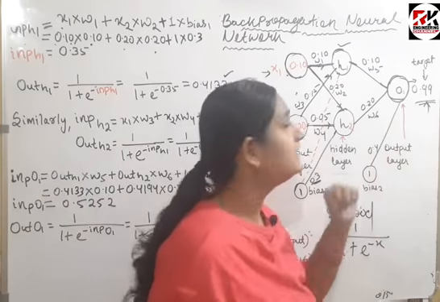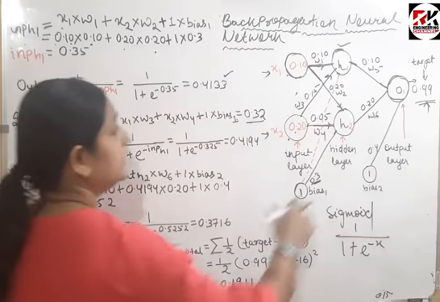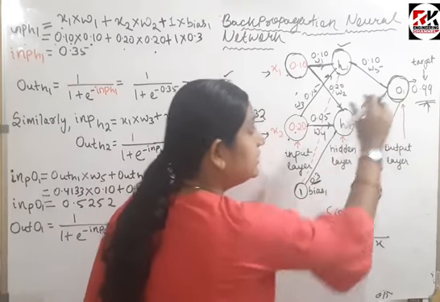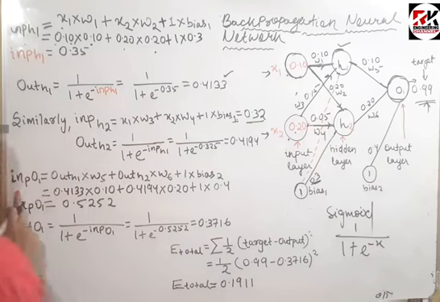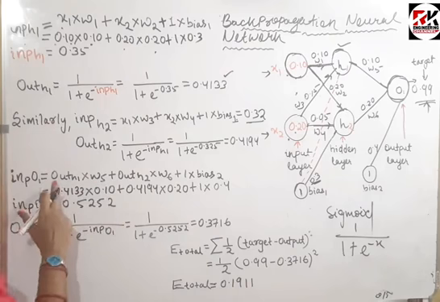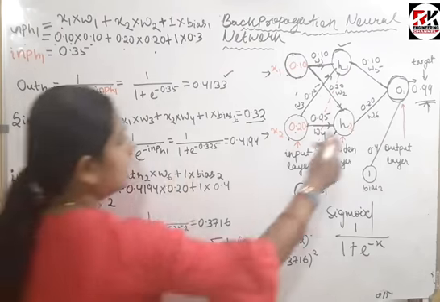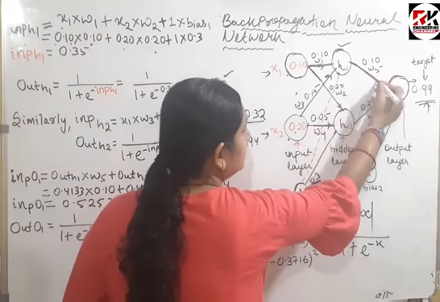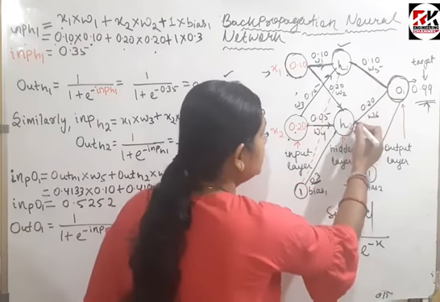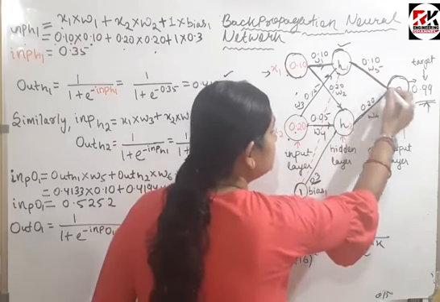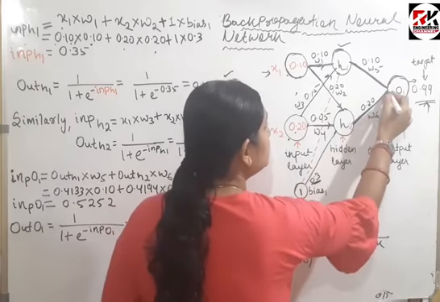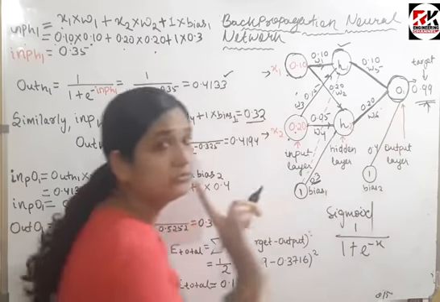Okay, now I have to calculate the input for your O1. So input for O1 is equal to what is the formula? Output of H1 is going here, output of H2 is going here. Out of H1 and out of H2 are multiplied with their weight values.